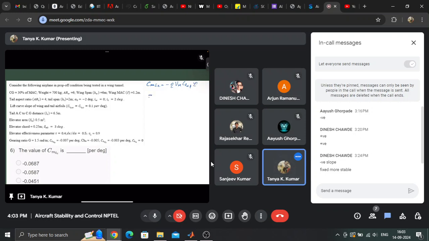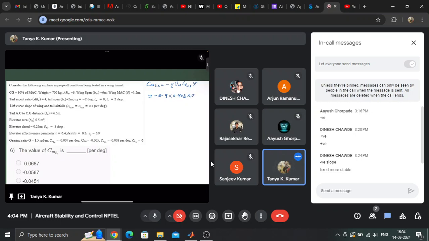So eta is given to us, 0.9. VH we found out just now as 0.903. Cl alpha tail is given for the airfoil. We need to find it for the wing. So I just leave that for now, and tau is 0.4 is what I believe.